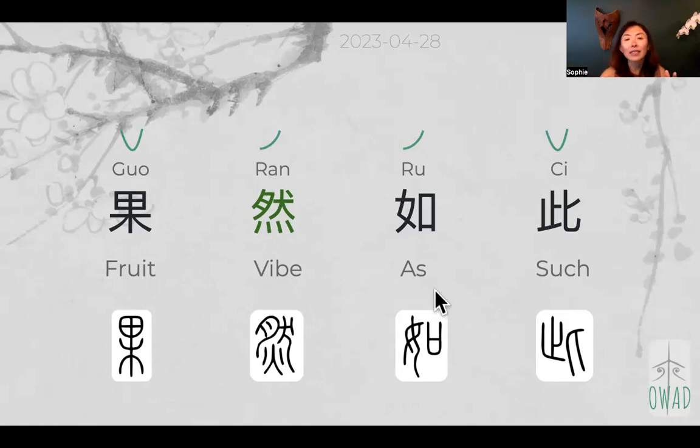And comparison becomes English corresponding as. So as is a comparison of something as something else, right? A as B. So I use that fruit vibe as such. Okay, such is a referral of here and now almost, right?